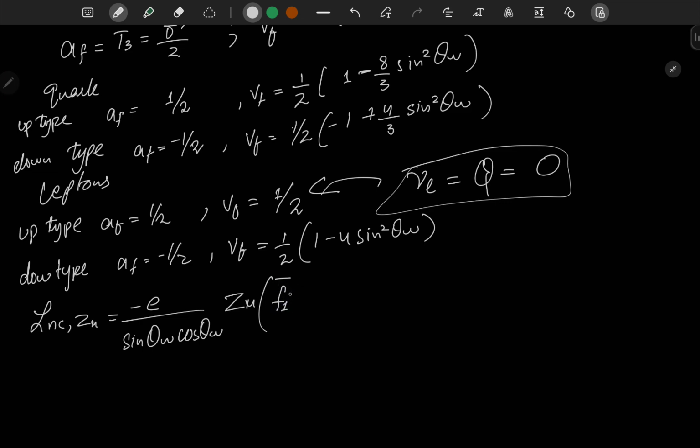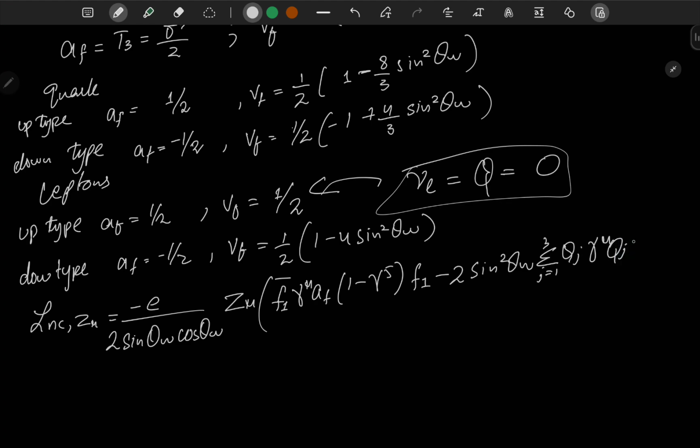So F1 bar gamma mu AF into 1 minus gamma 5 into F1, or I can write T3 outside here, minus 2 sine square of theta w, sum over j from 1 to 3, qj gamma mu qj.